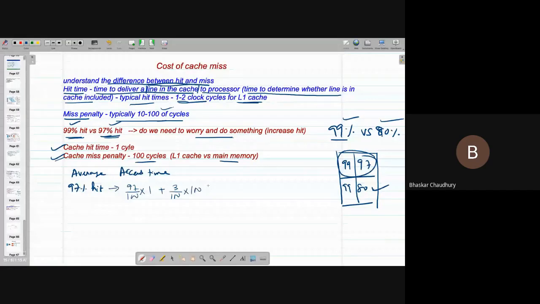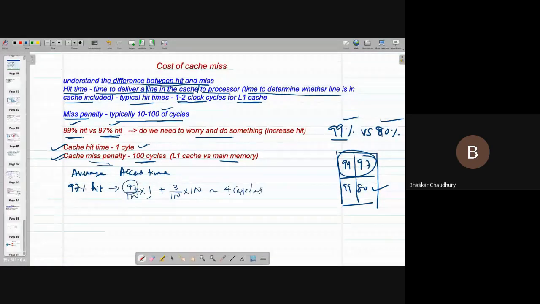All of you agree with this calculation? 97% of the data I am getting from the cache, so for the cache I have to give 1 cycle: 97 divided by 100 into 1. And for the 3% of data, because there is a 3% miss, I have to give the miss penalty of 100 cycles: 3 divided by 100 into 100. So that gives me close to 4 cycles.